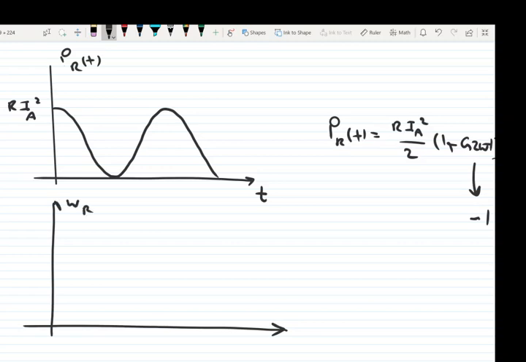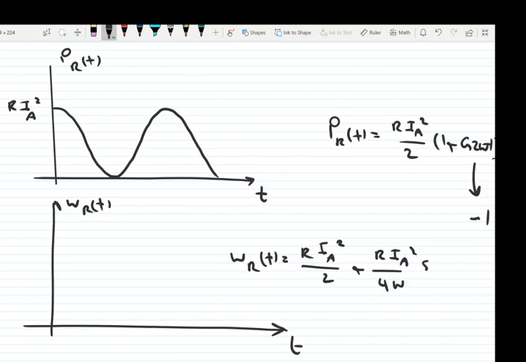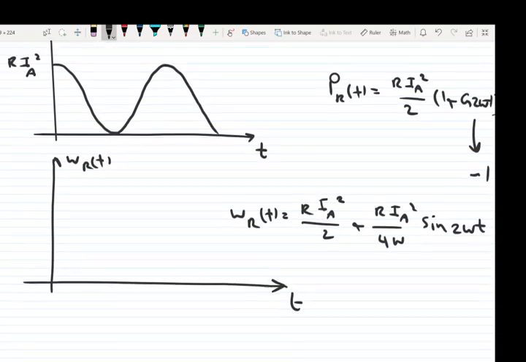For energy we say omega R of t over time, and for the energy we know that energy is equal to R I a square over 2 plus R I a square over 4 omega sine of 2 omega t.